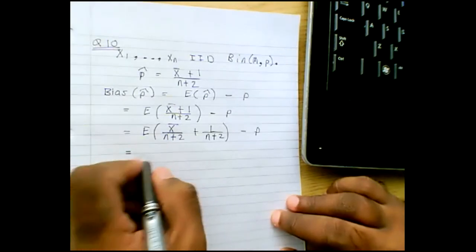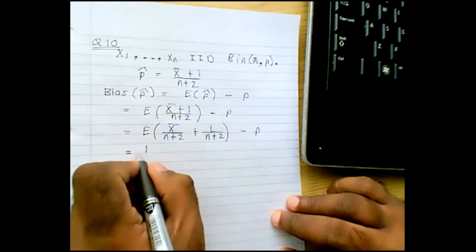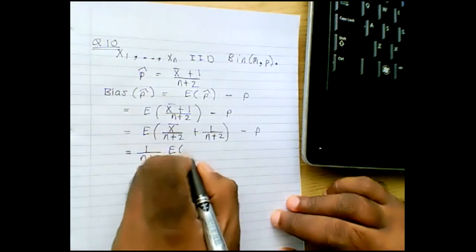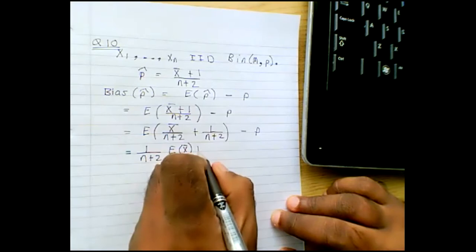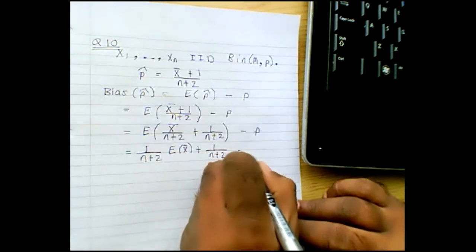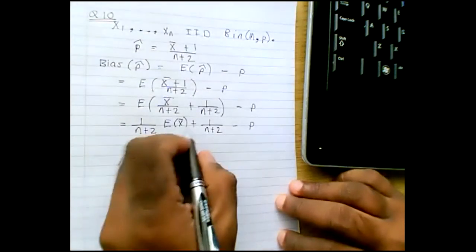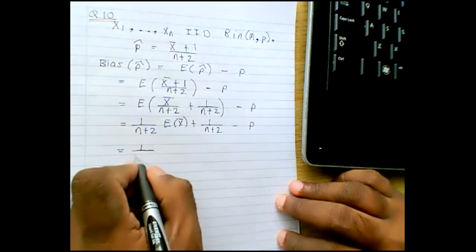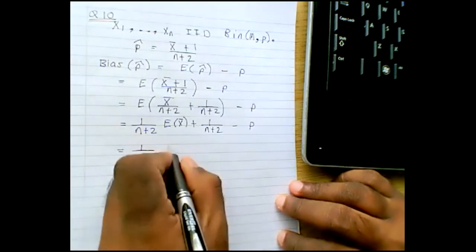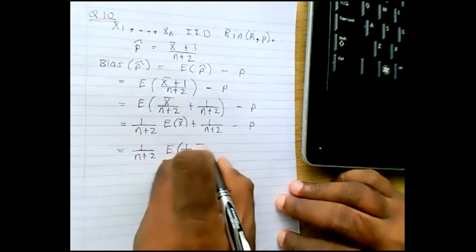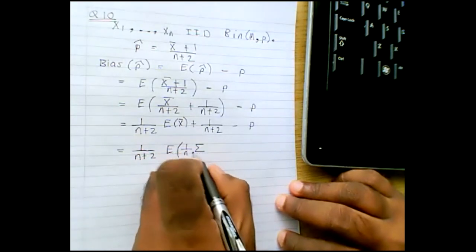You should take the expectation inside. Now remember, x bar is the sample mean, so you can write it as the expectation of 1 over n times the sum of xi.